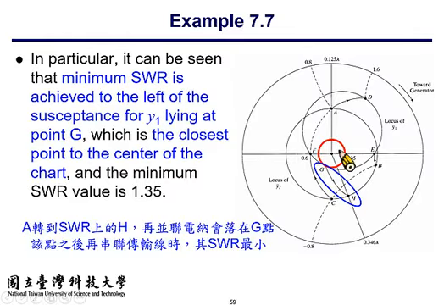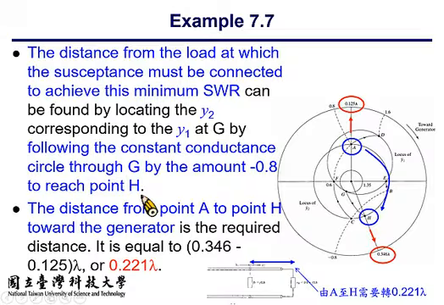And the red circles indicate that at this position, that is, connecting the point A, j0.8, at the position H, it will move to G, and the resulting reflection coefficient magnitude and the resulting standing wave ratio can be minimized to merely 1.35. Okay? So that's the kind of the optimal position.